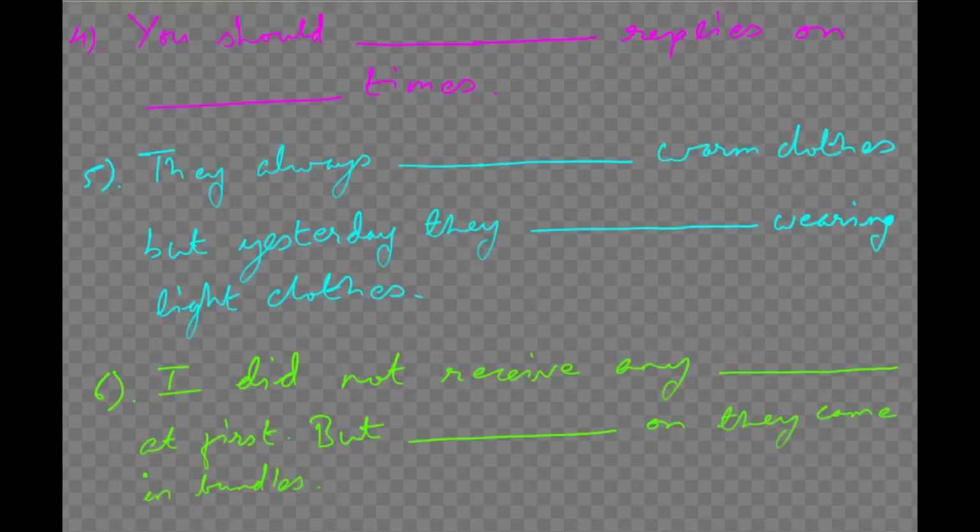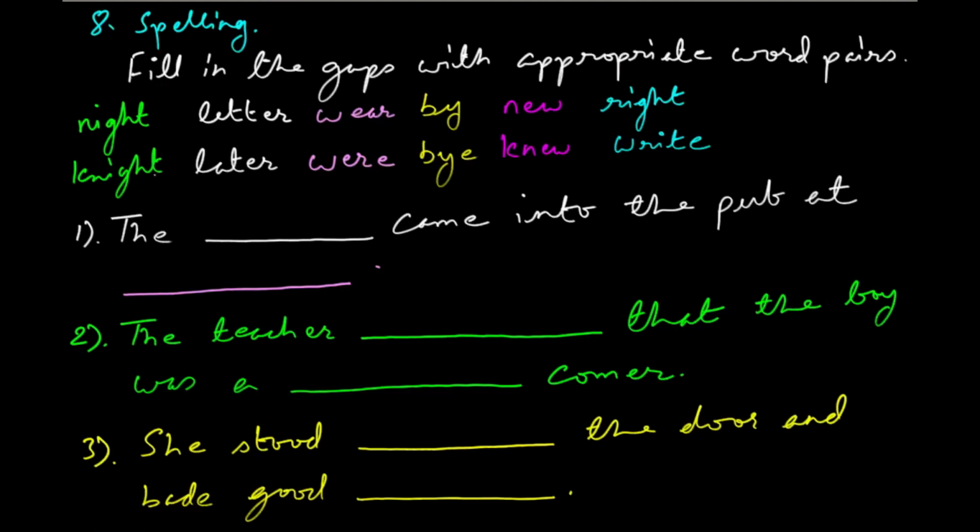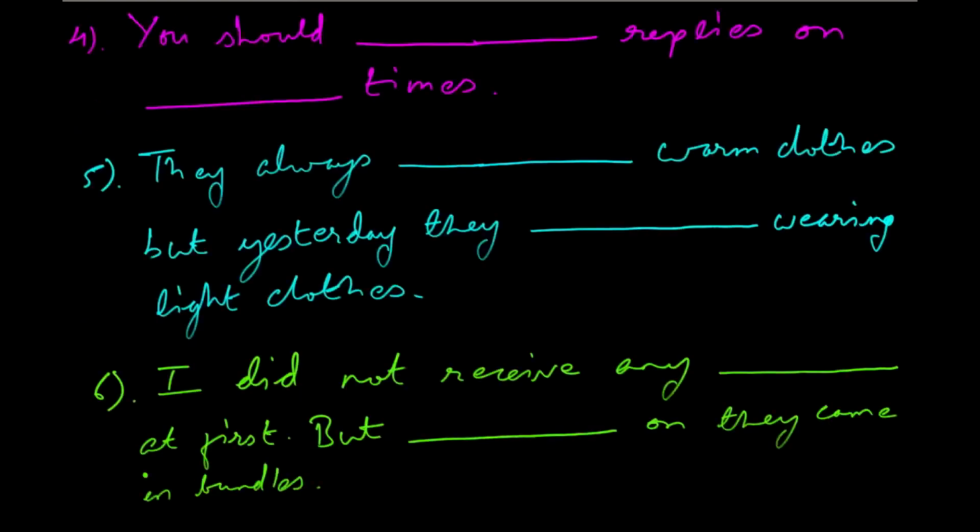And the options that we have are night, later, wear W-E-A-R, were W-E-R-E, buy, new, right. So if we look at it deeply, it's "wear." So the answer would be, they always wear warm clothes, but yesterday they were wearing light clothes. So this way you can fill in homophones here.